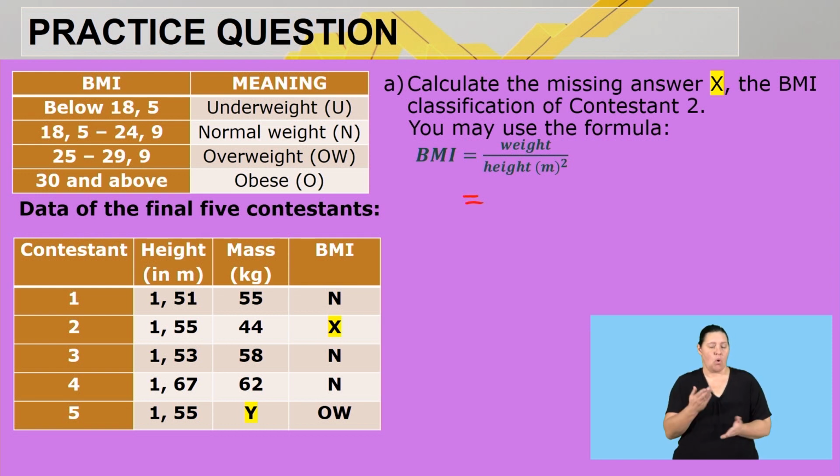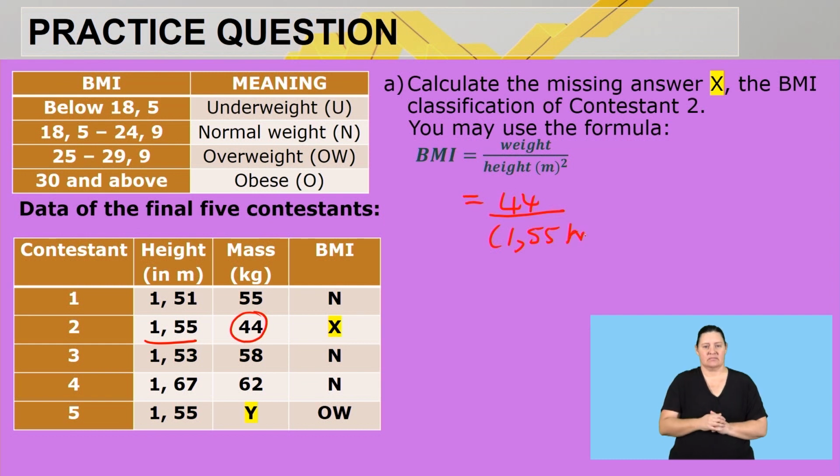Right, so what is my weight? Weight in kilograms is given here as 44. So I'm going to say 44 divided by, my height here is already in meters, 1.55 meters, and I square that value. I'm going to type in exactly, and I want you to do the exact same thing there at home.